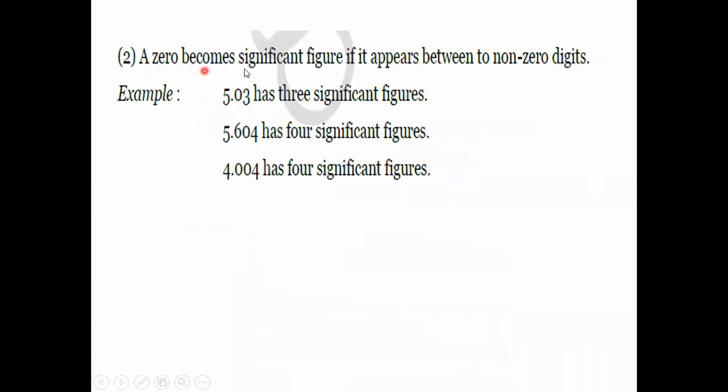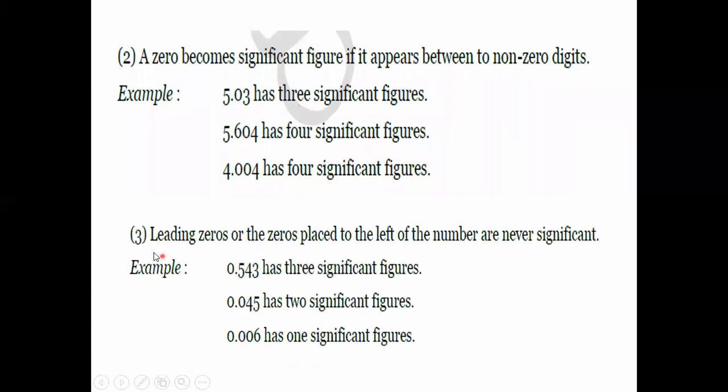A 0 becomes significant if it appears between the non-zeros. 5.03 has 3 significant figures. 5.604 has 4 significant figures. 4.004 has 4 significant figures.